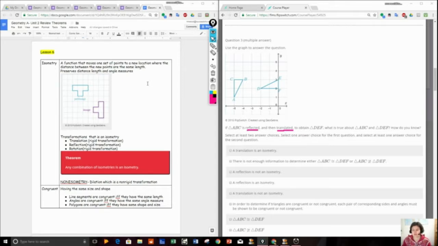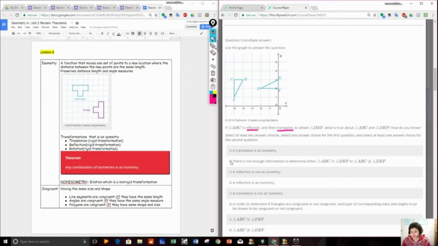So rigid transformations preserve the distance of the length and the angle measures. And in order to have congruent triangles, we have to have the same distance measures and the same angle measures. So let's select at least 2 answer choices. So the first one is a translation is an isometry. That's true.